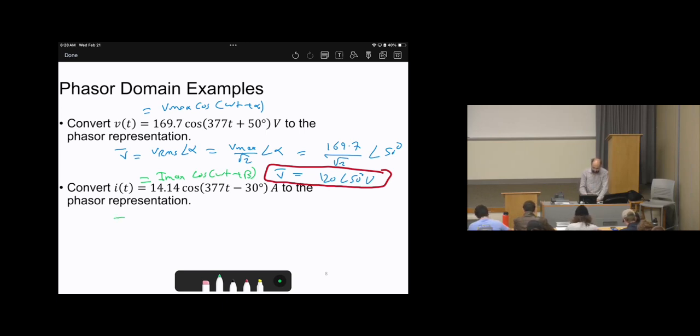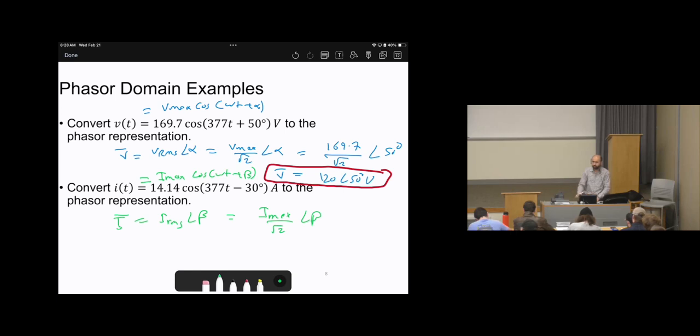So the first thing should be I bar. I bar equals what? I RMS angle beta, right? Or in other words, I max divided by square root of 2 angle beta.